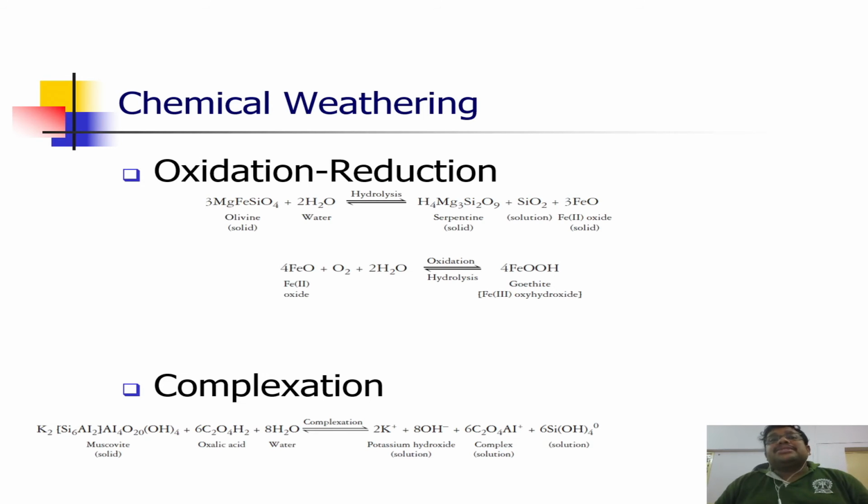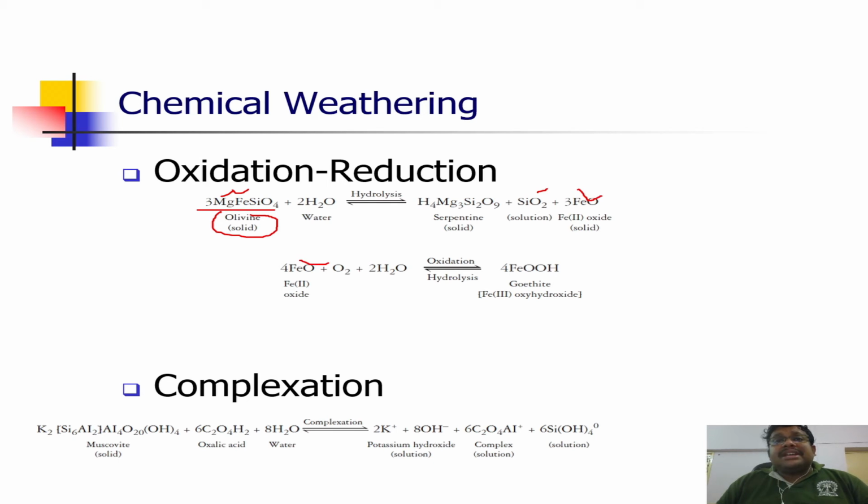Oxidation reduction or redox reaction is a very important reaction for chemical weathering. As you can see, this is olivine, which is an example of a primary mineral. It is a ferromagnesian mineral because it contains both magnesium and iron. When this ferromagnesian mineral undergoes hydrolysis, it produces serpentine, and then SiO2 and iron oxides.